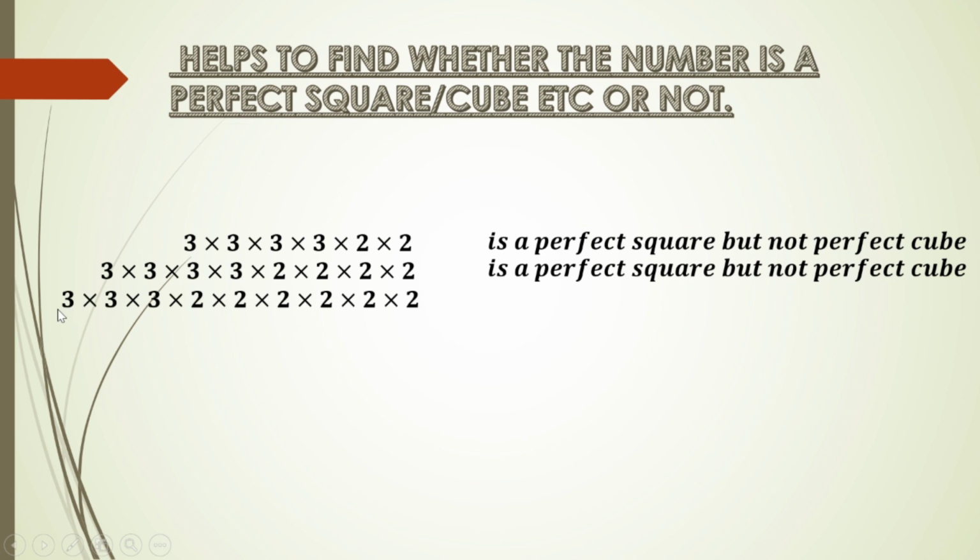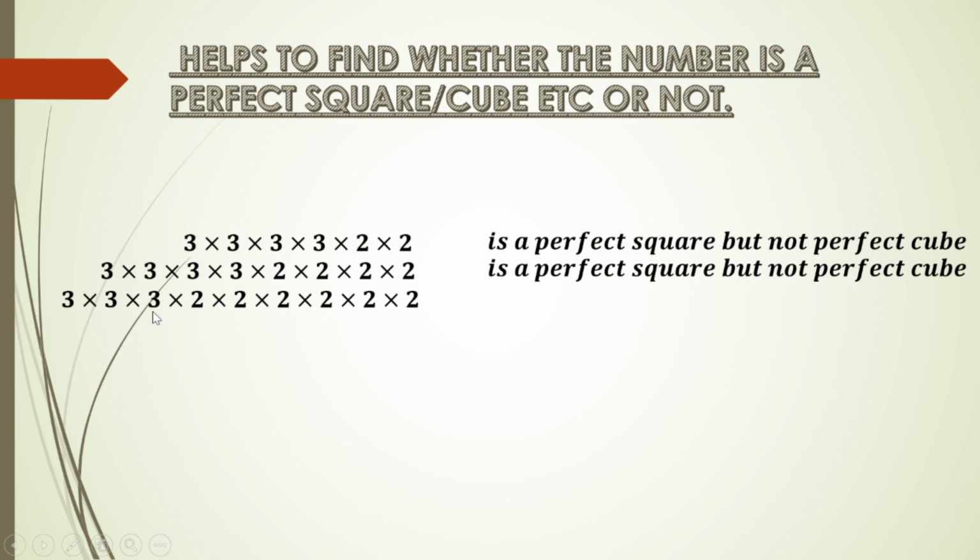Here, so basically you have to see whether these prime factors can be distributed into 2 same groups or 3 same groups. If yes, then they are a perfect square and perfect cube, otherwise they will not be. Okay, so here, because the 3 is 2 times, so 2 can be given to 2 groups, but this 3 will hinder it.